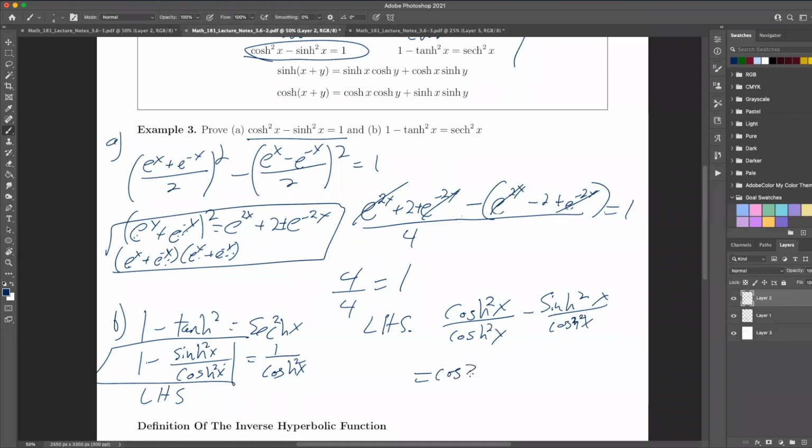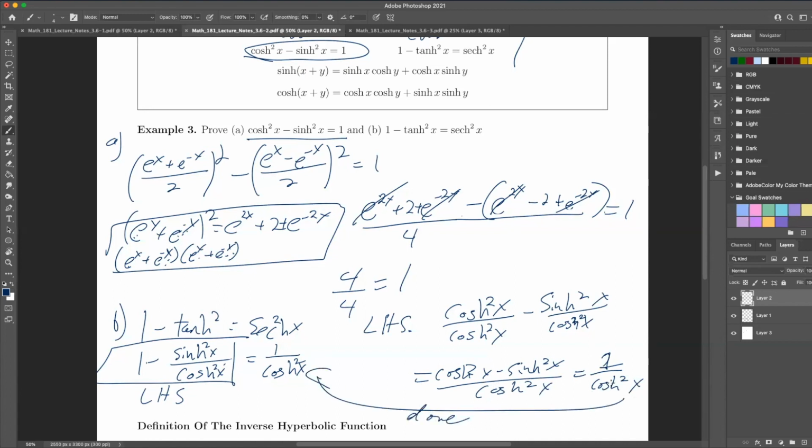So I have hyperbolic cosine squared h minus sine squared h all over hyperbolic cosine squared h. Well, what's this? This we already established is 1. So this is just 1 over hyperbolic cosine squared. And that is equal to the right-hand side, so we're done.